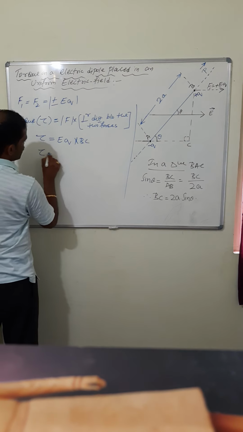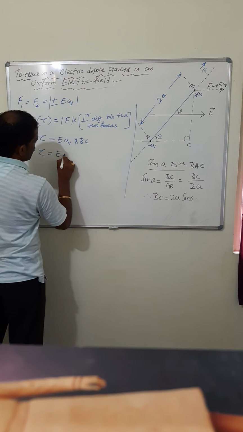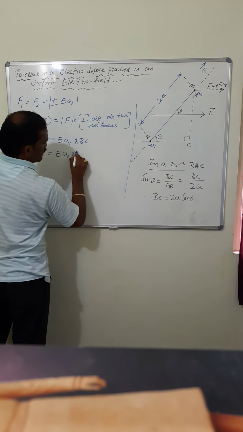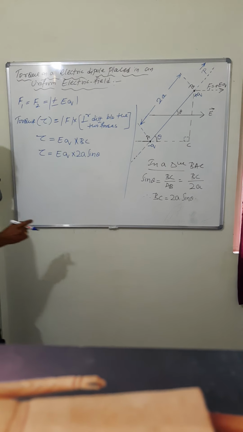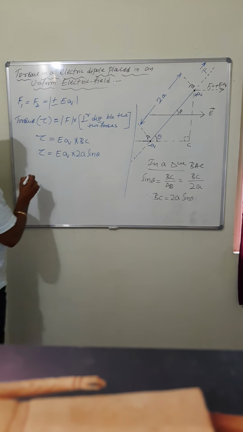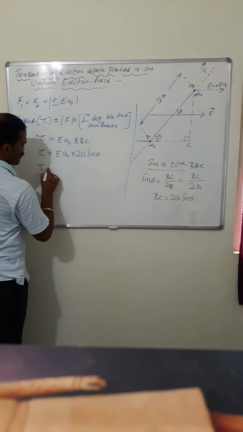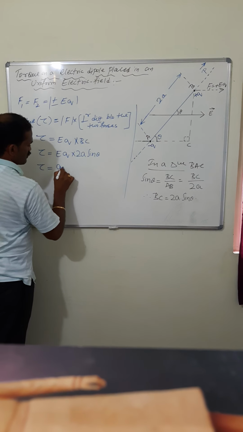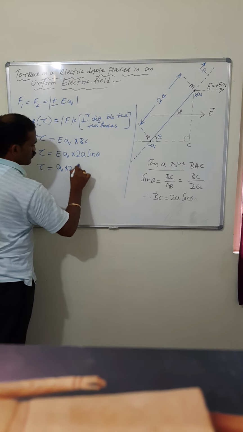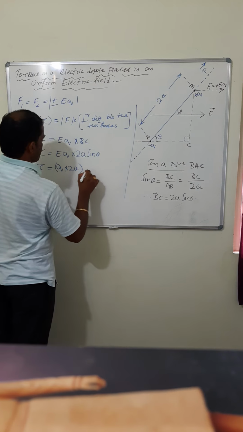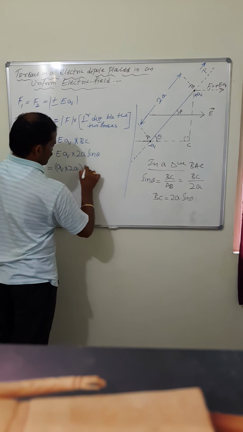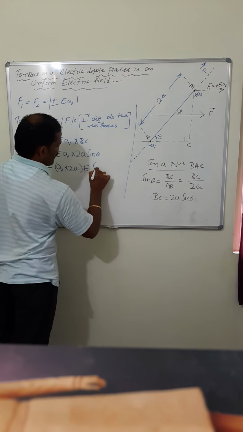Therefore, torque tau is equal to EQ into BC. BC is 2a sin theta. Rearrange the terms, group the terms. Therefore, this can be written as Q into 2a into E into sine of the angle theta.